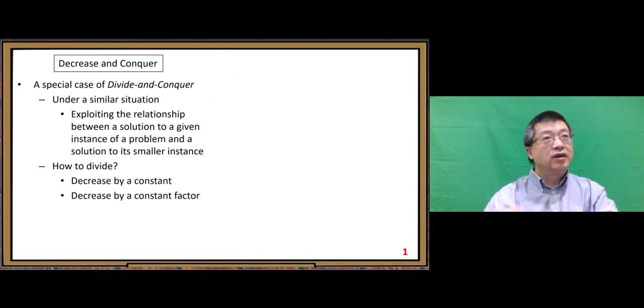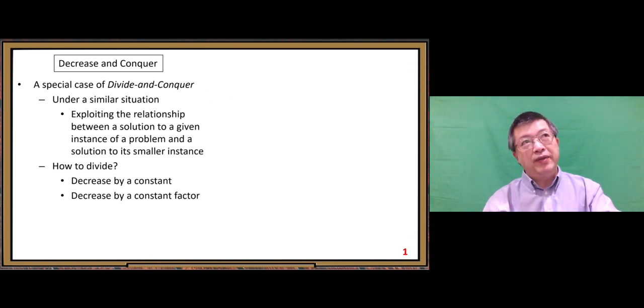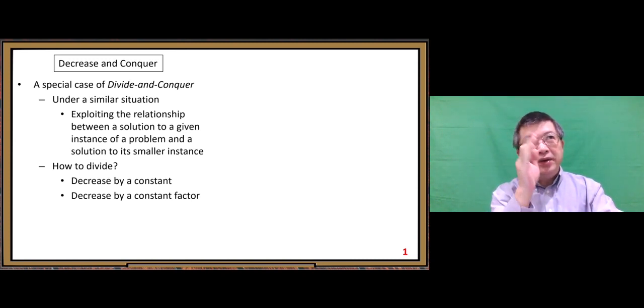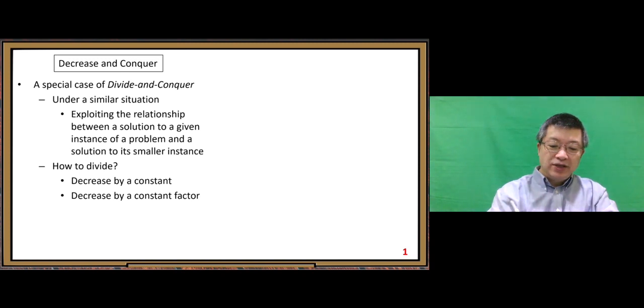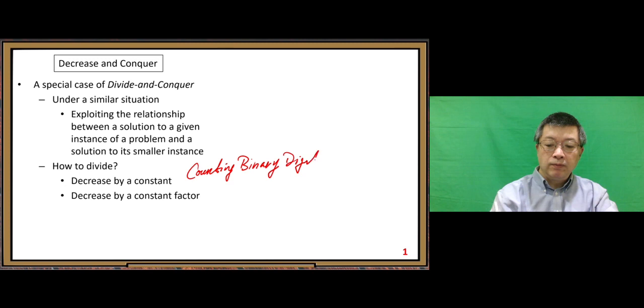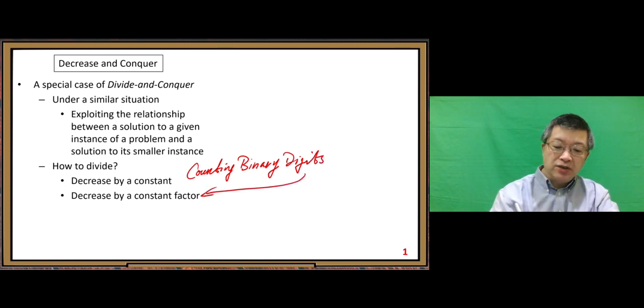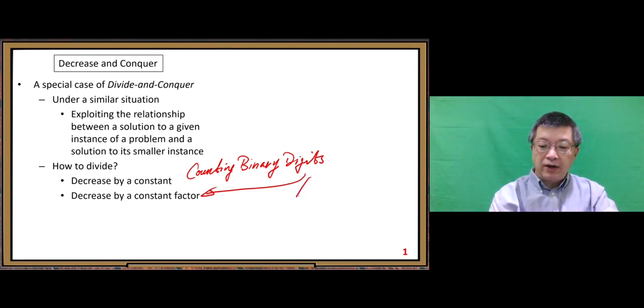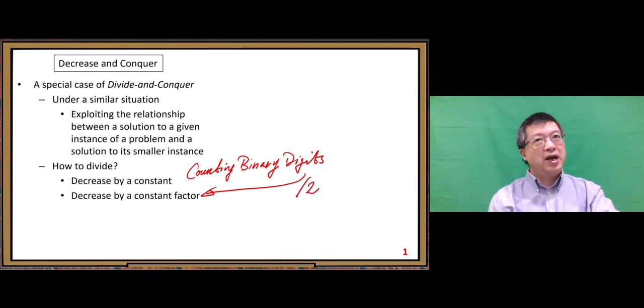We learned an example. Remember that counting binary digits problem? So I just write it out. Counting binary digits problem. That belongs to this category because when we do binary, we divide by 2, so that constant factor is 2. The problem size is divided by 2.